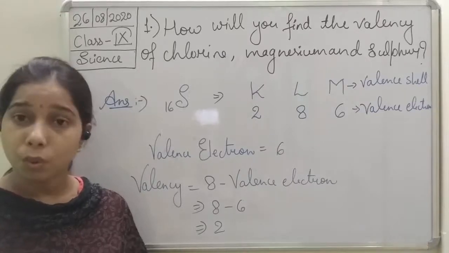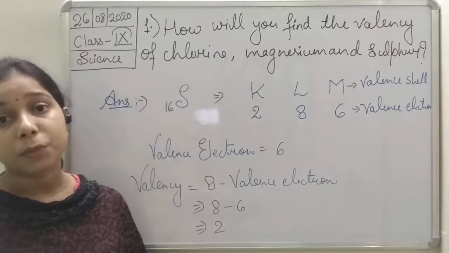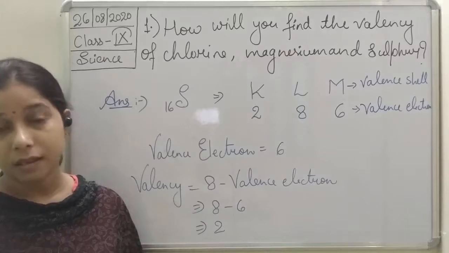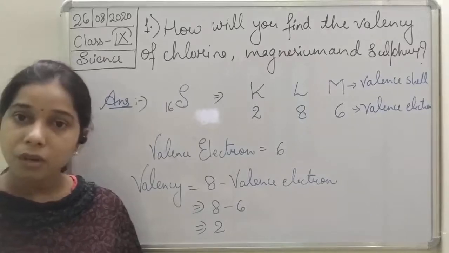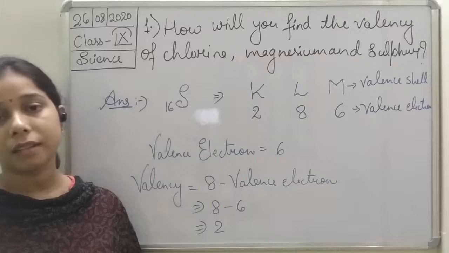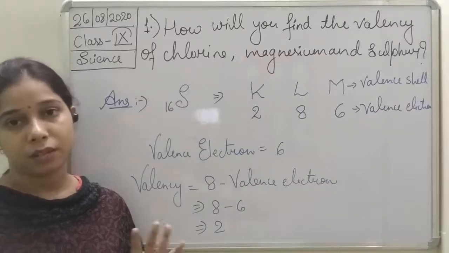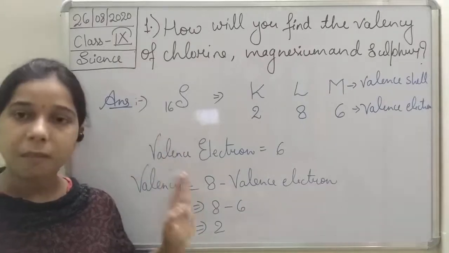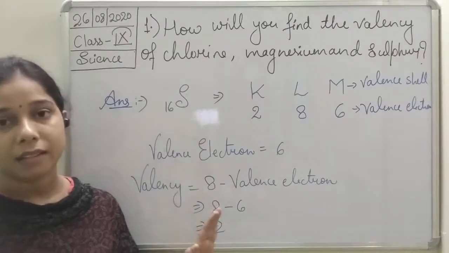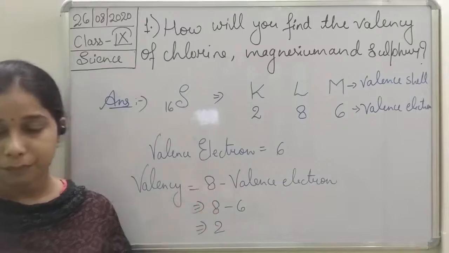If it is more than 4, then you will subtract it from 8. If it is less than 4, you will simply write that the valency is equal to the number of valence electrons. So this is the method by which you can find the valency of a given element. Okay.